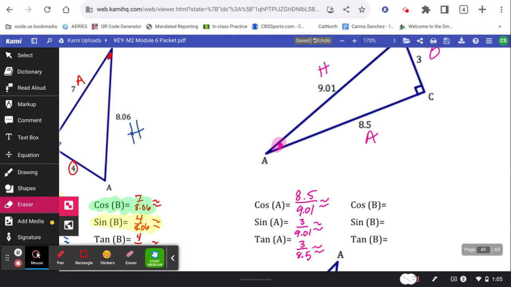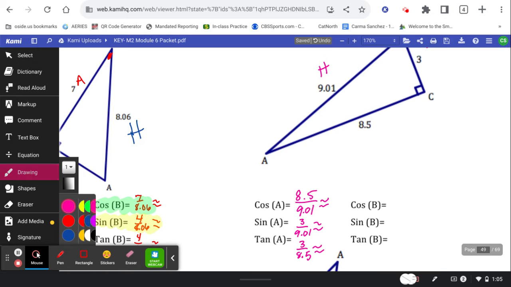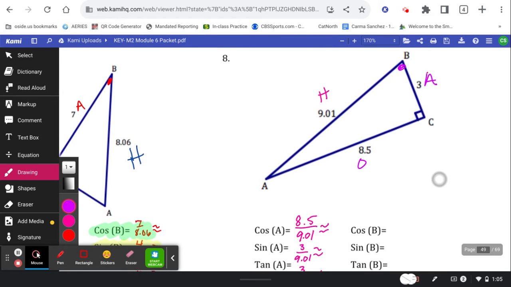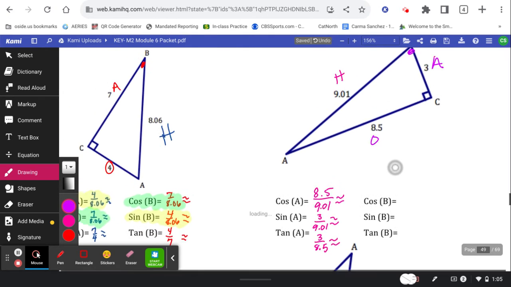Now we're going to switch reference angles. Now I'm standing at B. So this is my opposite, and this is my adjacent. Cosine of B, adjacent over hypotenuse. Sine of B, opposite over hypotenuse.